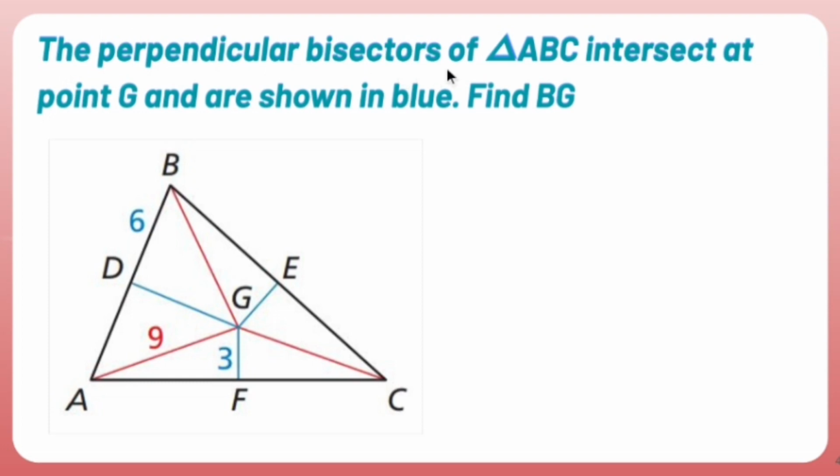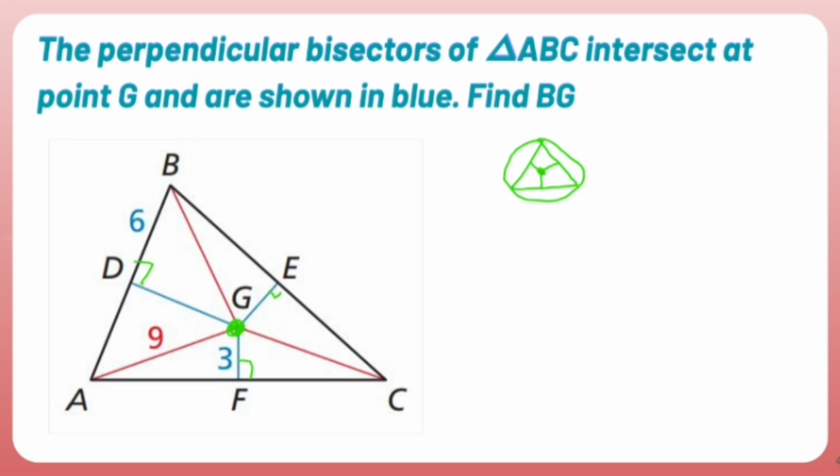The perpendicular bisectors of ABC intersect at point G, shown in blue. All right, so you're a perpendicular bisector, you're a perpendicular bisector, you're a perpendicular bisector. Wait a minute. Which means you right here would be a circumcenter. Now, if you don't know what that means, if I were to draw a triangle and attempt to draw a circle around it, the perpendicular bisectors all meet at this circumcenter.